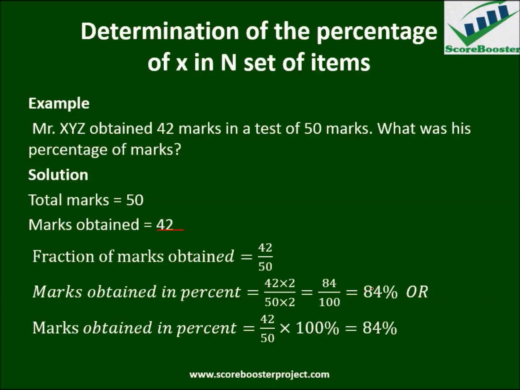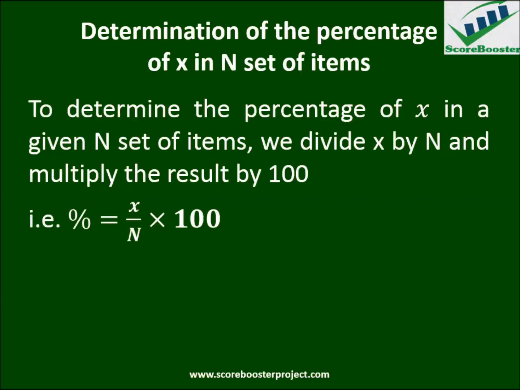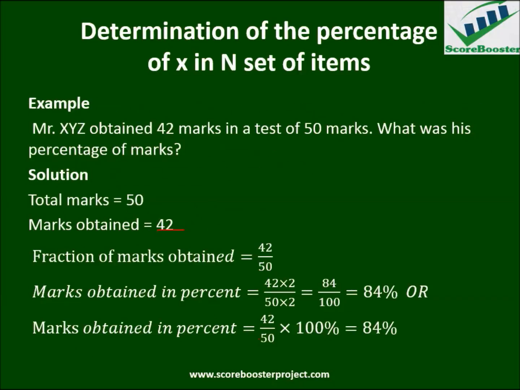So we arrive at 84%. Alternatively, using the relation given here, marks obtained in percent is marks obtained divided by total number of marks times 100%, which gives us 84%.